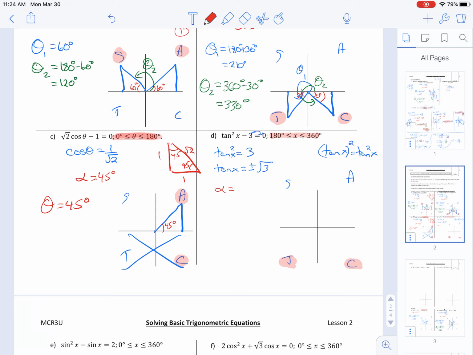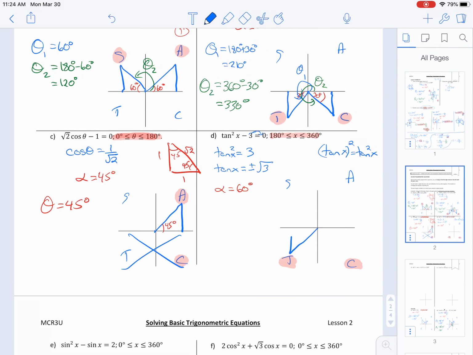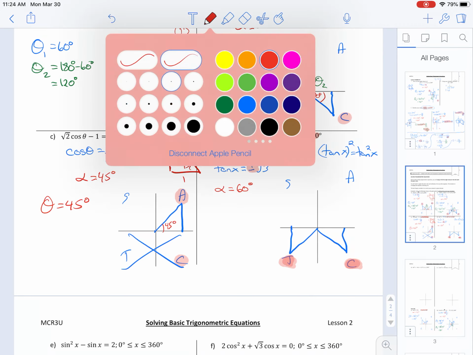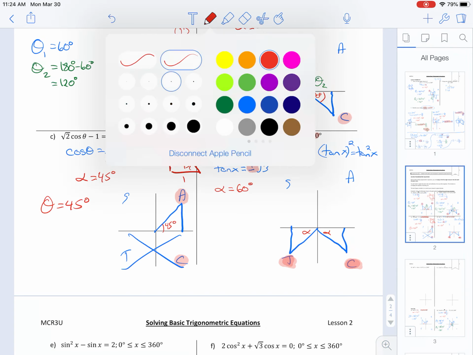Alpha, being root 3, I need to figure out the opposite of root 3, which is 60. So I've got answers that fall in these 2 quadrants, and it's positive or negative for tan, so it could actually be in either. Again, a bit trickier.